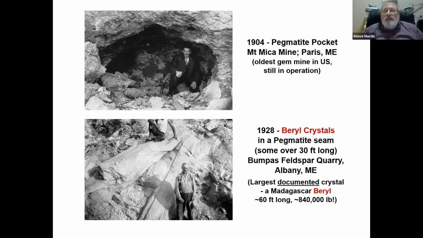You know, some of those were over 30 feet long, and the largest beryl crystal, and it's the largest documented crystal of any kind, came from Madagascar, and it was over 60 feet long and weighed almost 1 million pounds. That's a big crystal. Now, it's not gem quality, but it's a big crystal.